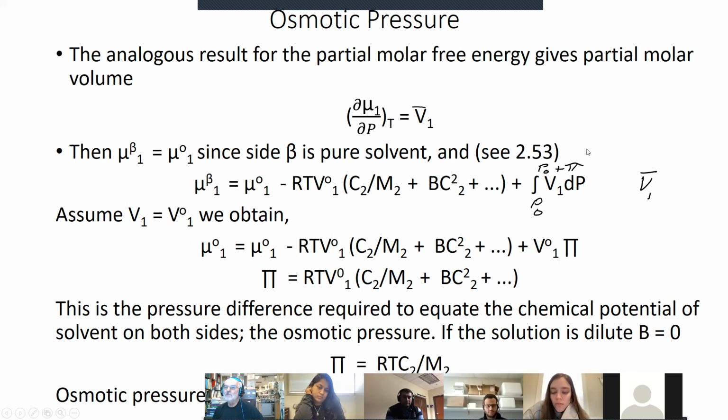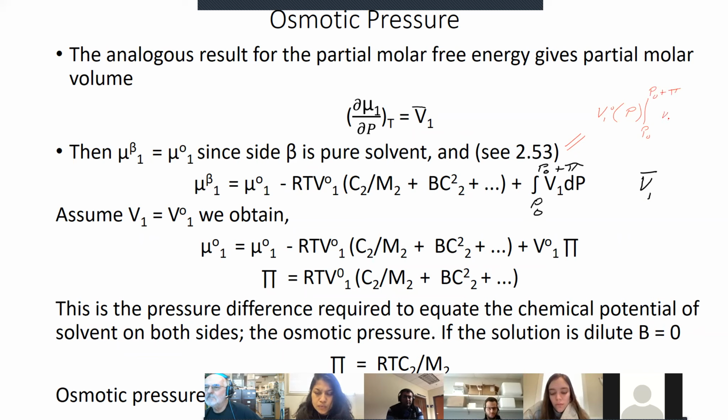So when you integrate this, you get V10 times P evaluated from P0 to P0 plus pi.